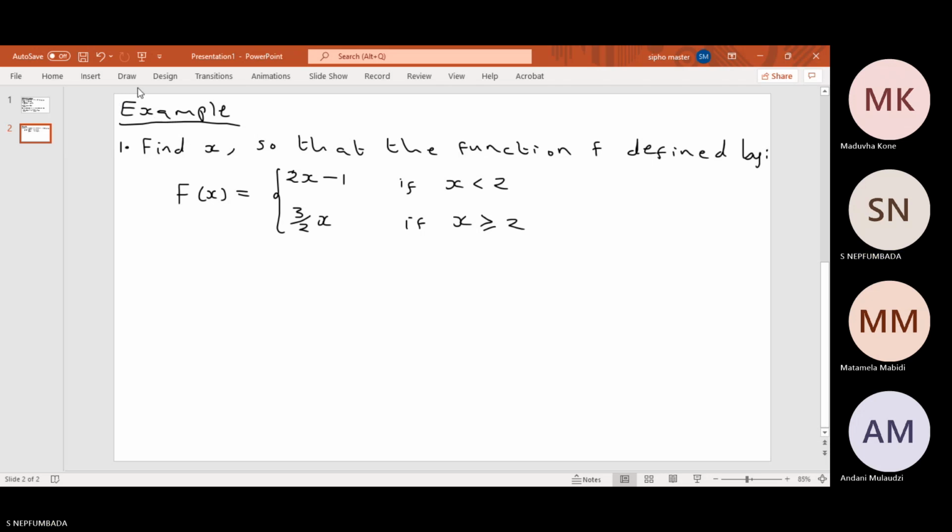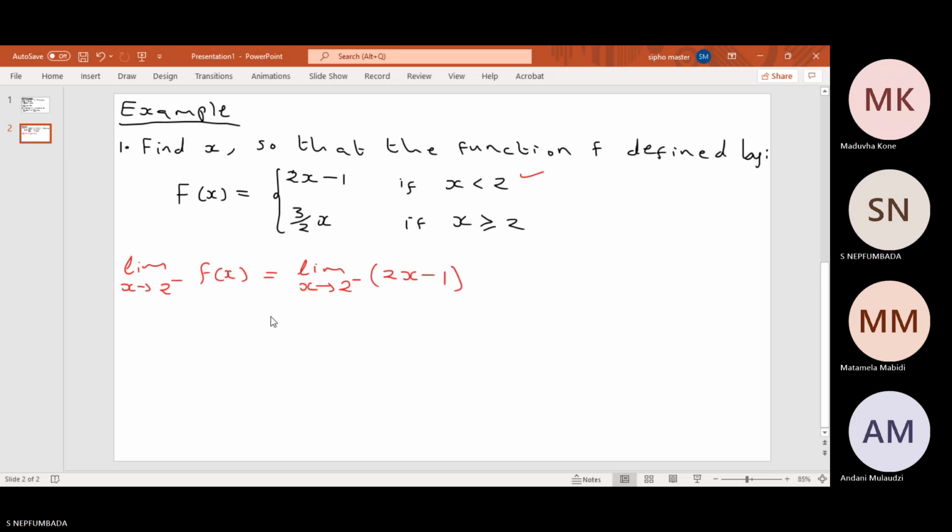So now, I'm going to solve this one straightforward so that everyone may understand. Since this one is from the left, we are going to apply the limit of x approaching 2 from the left-hand side of the function f at x, which is equal to the limit of x approaching 2 from the left of the function 2x minus 1.